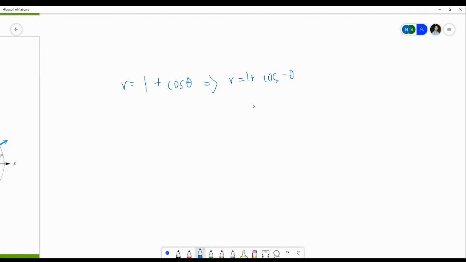Now we're going to use an even and odd property. Cosine of negative theta, and since cosine is an even function, this equals cosine of theta. So nothing changes. It's the same thing. That's very cool, thank you. Did that answer your question? Yes.